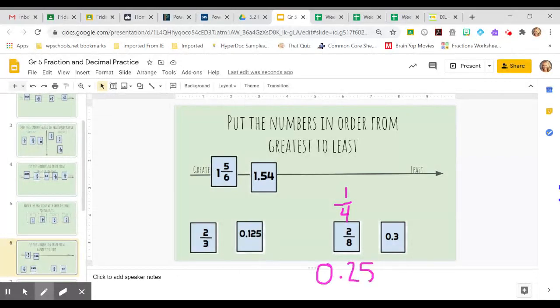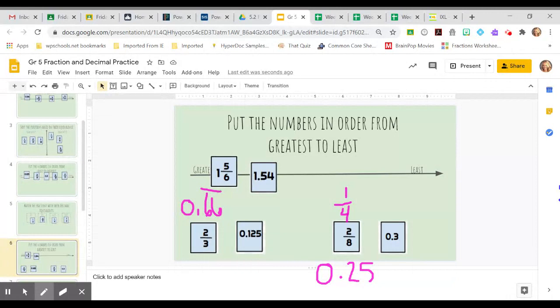And then 2/3, my thirds are my repeating decimals. So if 1/3 is 33 repeating, 2/3 is going to be double that. So 33 and 33 is 66 hundredths repeating. All right, so here we have 66 hundredths, repeating, and then everything is a decimal.